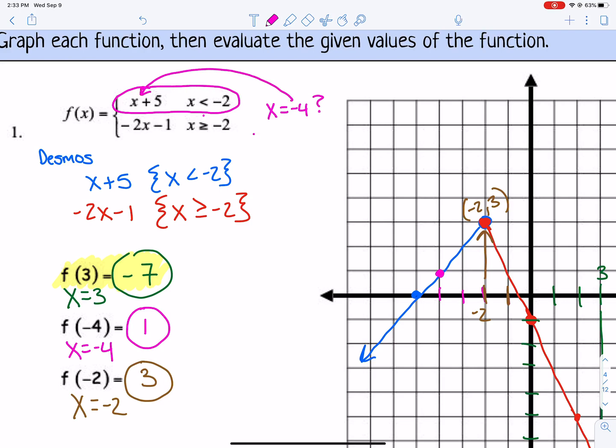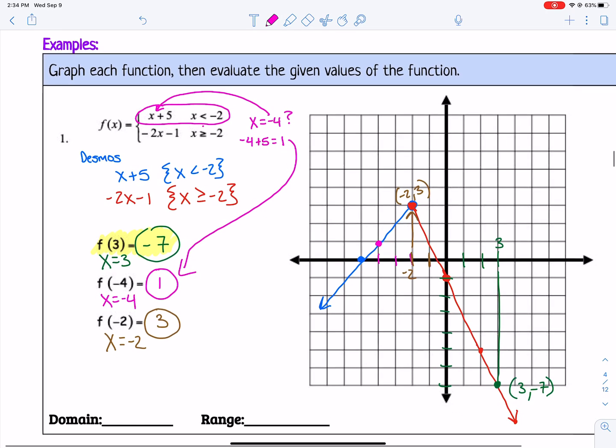So we would say -4 plus 5 is equal to 1. And notice that is what we got when we looked at our graph. So you can either look at your graph and pick them out, or you can look at your function and plug in the x value into the part of the function where it's appropriate, where it belongs in the interval. So either way, that is how we evaluate piecewise functions.